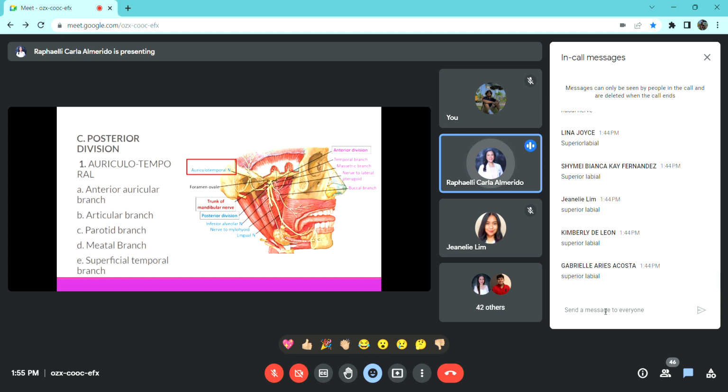We have a meatal branch which supplies the skin of your meatus, hence meatal, plus your tympanic membrane. Then E will be your superficial temporal branch that supplies the skin of your temporal region. The name itself gives a clue as to what it innervates.